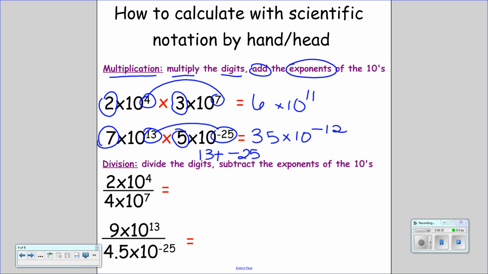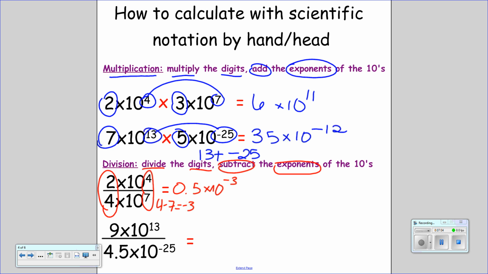Now, if you're going to divide, you divide the digits and subtract the exponents. So grab our digits. 2 divided by 4 is 0.5, times 10 to the 4 minus 7. 4 minus 7 is negative 3.